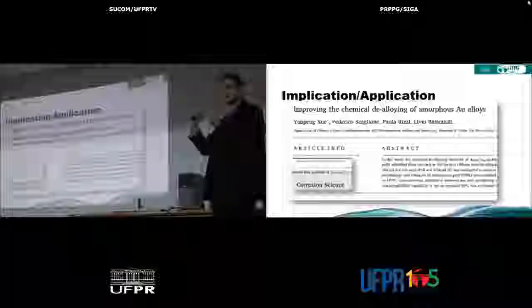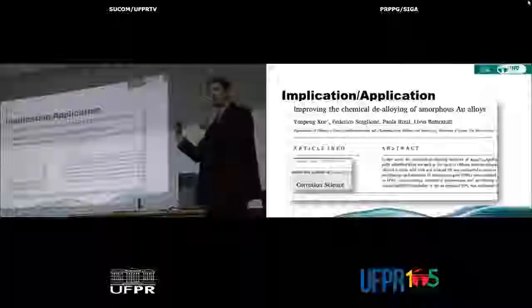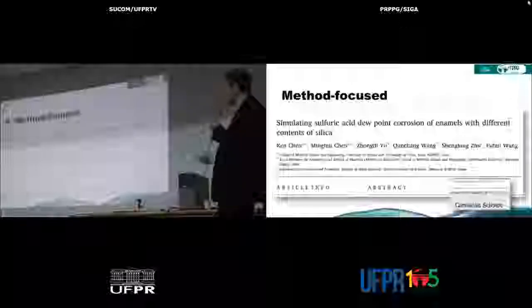Here's another example from the journal Corrosion Science: Improving the chemical dealloying of amorphous AU alloys. I'm not even sure how to pronounce that. But same thing. They're kind of saying this is how you do it. This is its application. All right, a title that's method-focused.